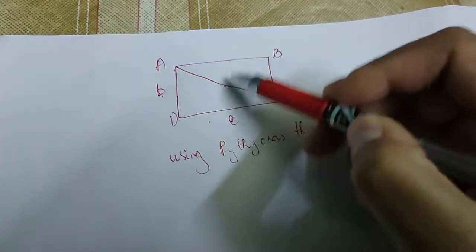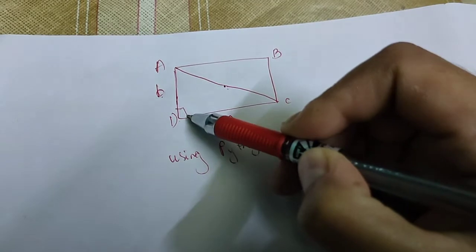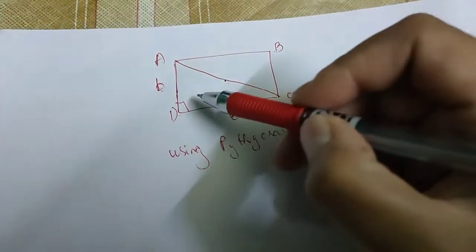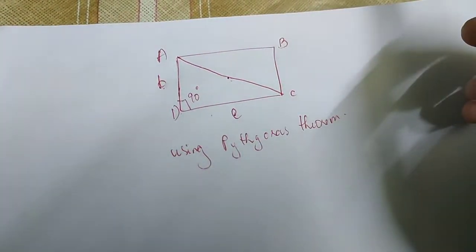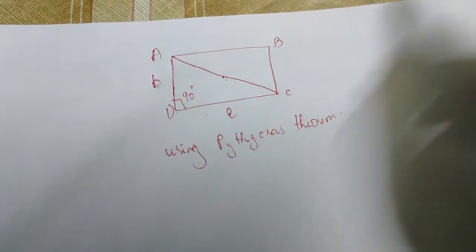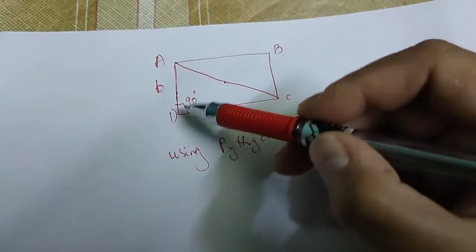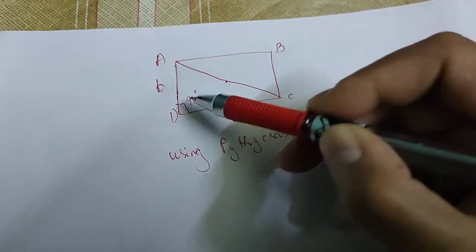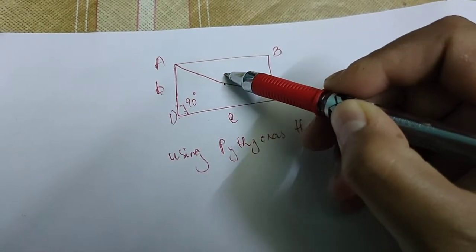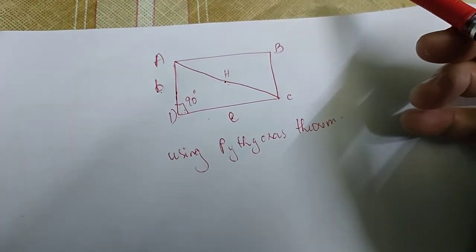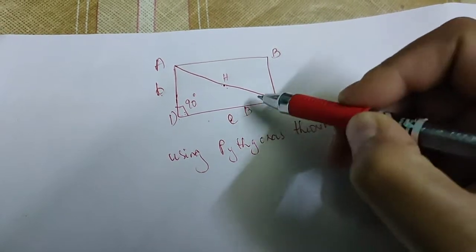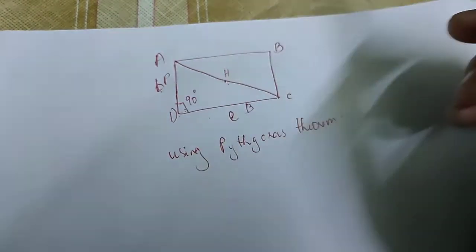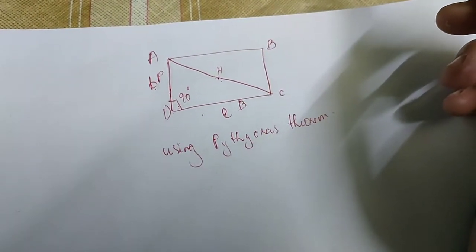Why is it applicable here? You see this part. This is your right angle, 90 degrees. That's why the Pythagoras Theorem is applicable. Opposite to this 90 degrees is always your hypotenuse. Then comes your base, and this is your perpendicular. I think everyone knows that.